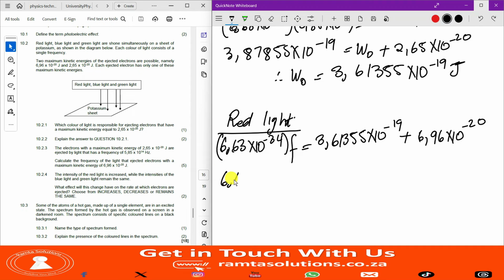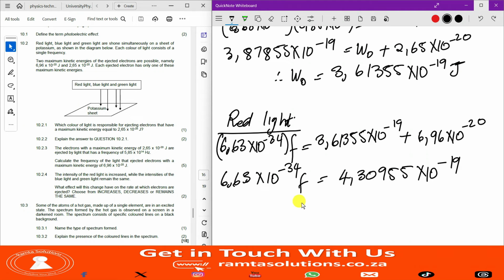Again, this is 6,63 times 10 to the negative 34. Frequency equals 4,30955 times 10 to the negative 19. Now I divide this value by Planck's constant, 6,63 times 10 to the negative 34.